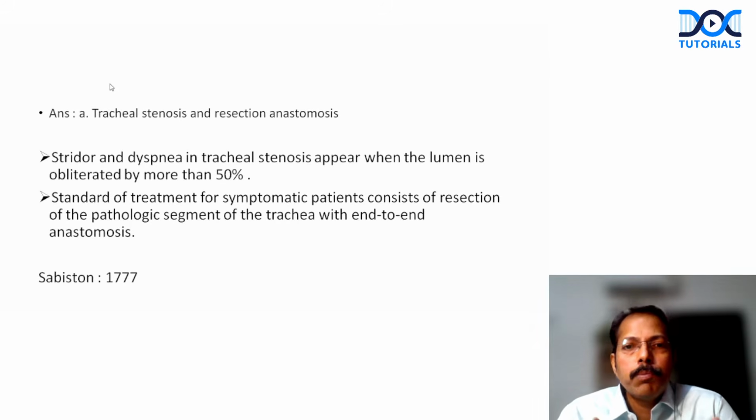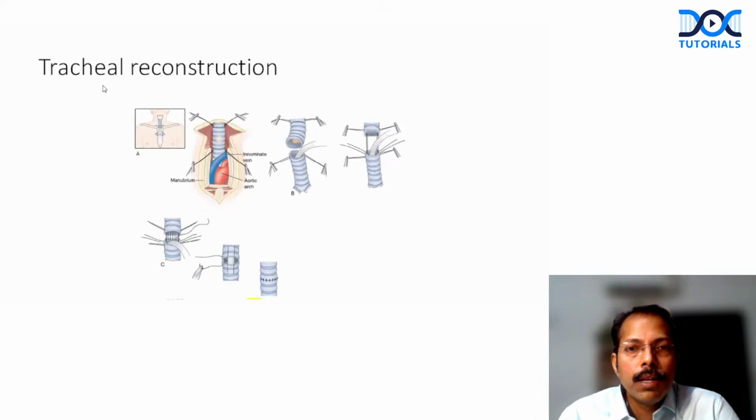The stridor and dyspnea in tracheal stenosis appear when the lumen is obliterated by more than 50%. Again, an important point: the standard treatment for symptomatic patients consists of resection of the pathological segment of trachea with end-to-end anastomosis, which is called tracheal reconstruction. This picture has been taken from your latest Sabiston. This is the stenotic segment.